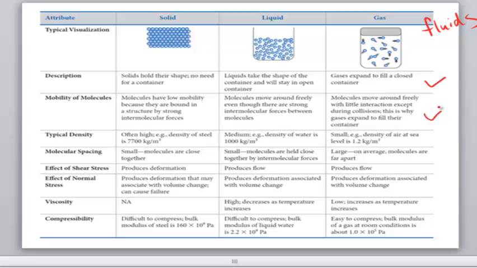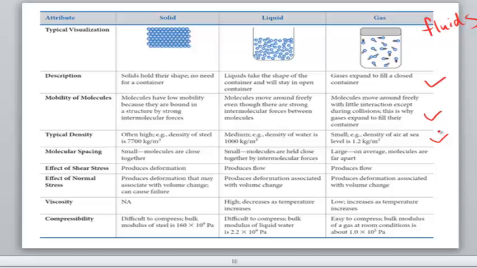Okay, let's move on to density. As you would intuitively guess, the density of a solid is greater than the density of a liquid. That in turn is greater than the density of gas. So let me say a couple more things about density before we move on from this topic.